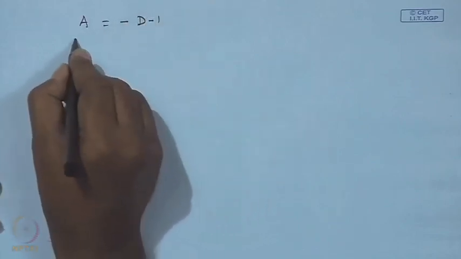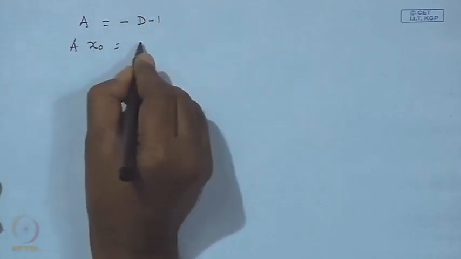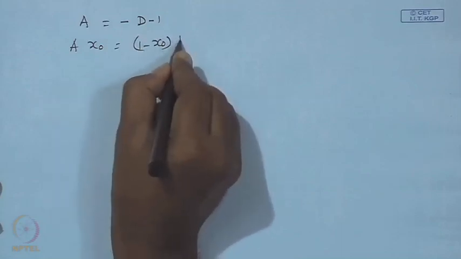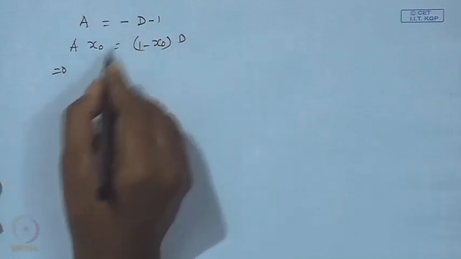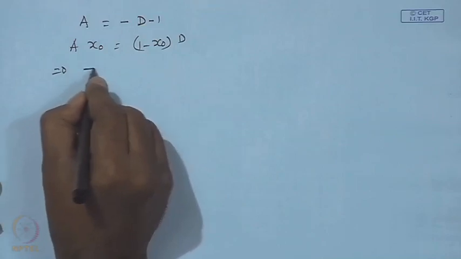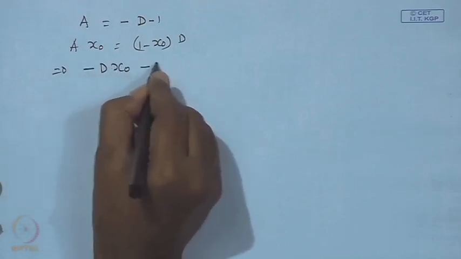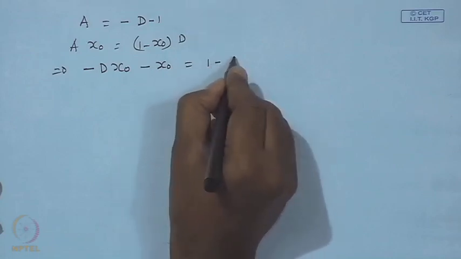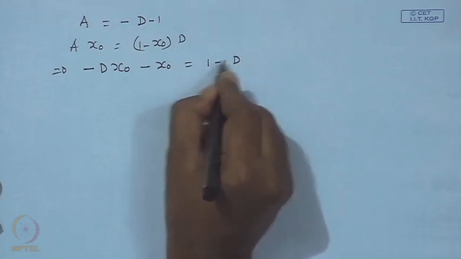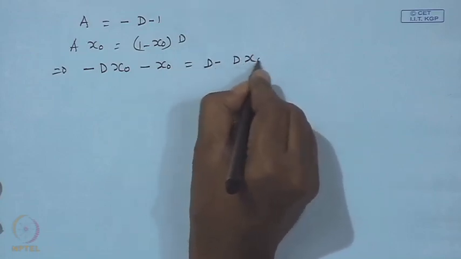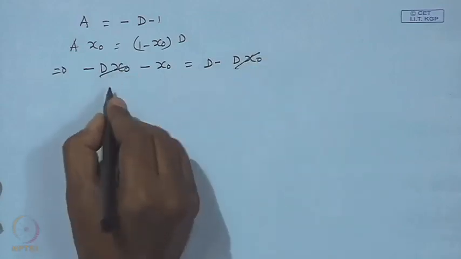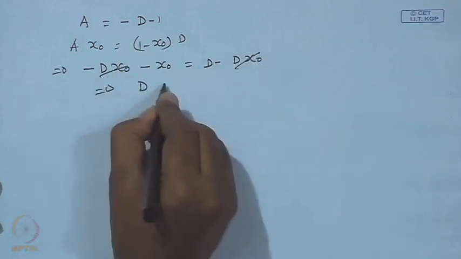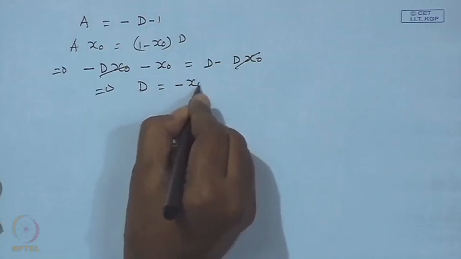The other equation is a x naught is equal to 1 minus x naught times d. So, I just put a is equal to minus d minus 1. So, minus d x naught minus x naught is equal to 1 minus d minus d x naught. So, d x naught will be cancelling out. So, it will be d is equal to minus x naught.